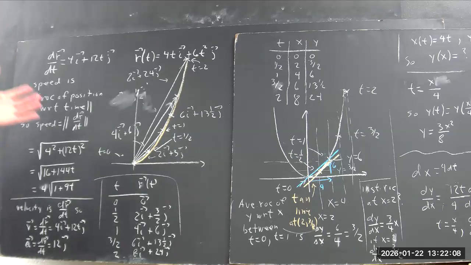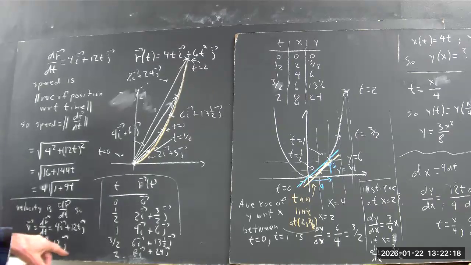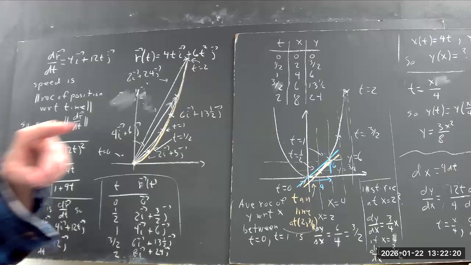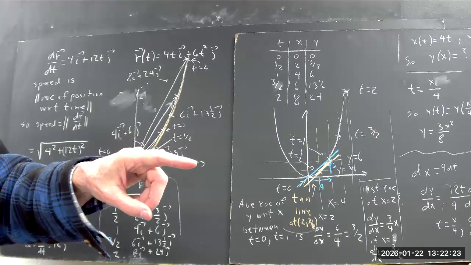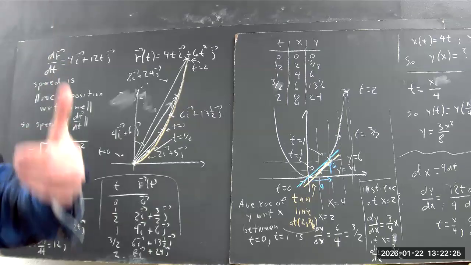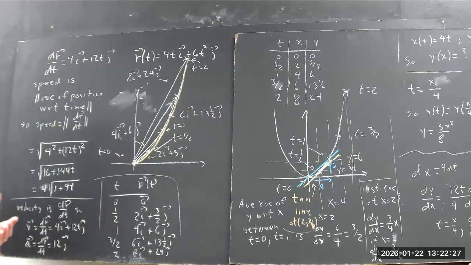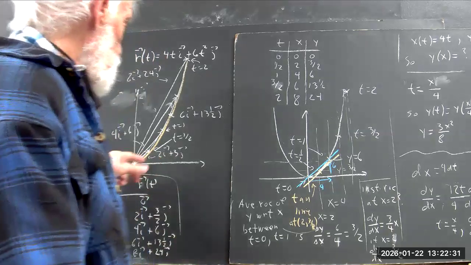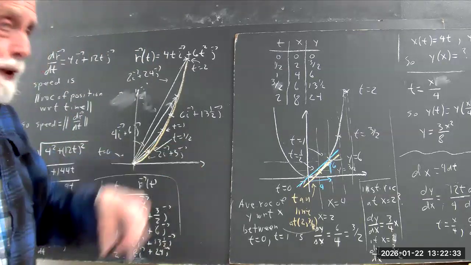Now, if we look at the graph, we can see aspects of this. First of all, there's no acceleration in the x direction. All the acceleration is in the y direction. All the acceleration is a multiple of j, which means that at equal times, we should be moving equal distances in the x direction.